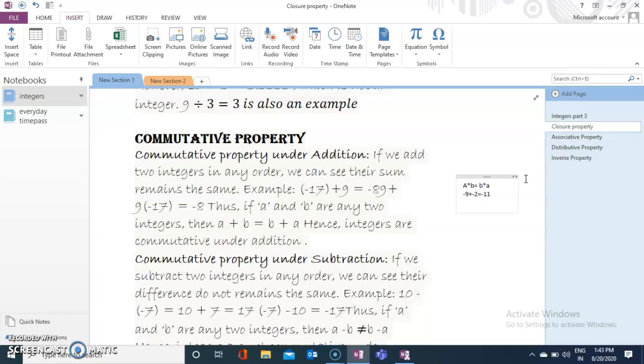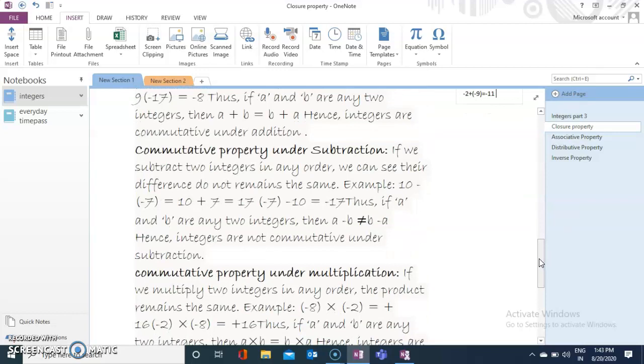But if I put minus 2 plus minus 9, it is also equal to minus 11. See, in both the cases the answer is minus 11. So if a and b are two integers, then a plus b is equal to b plus a. Hence integers are commutative under addition.